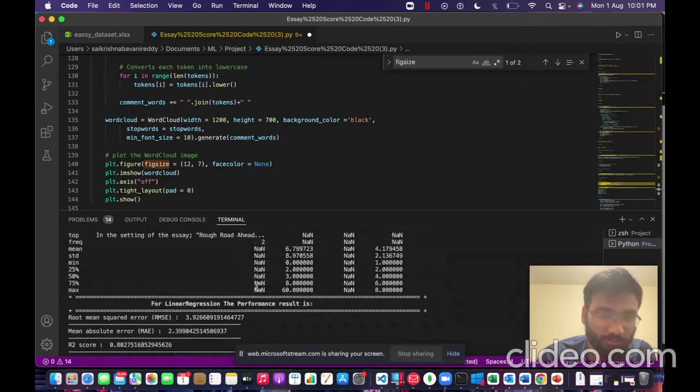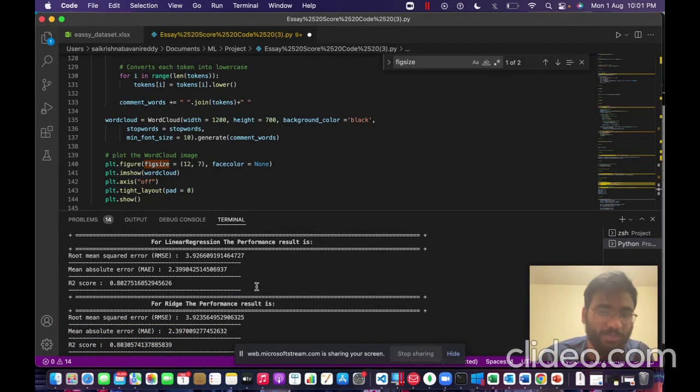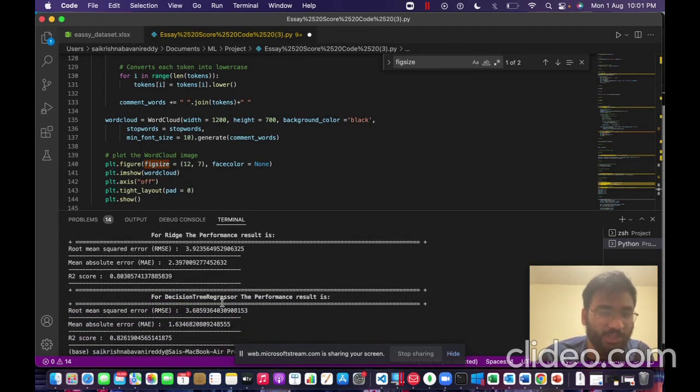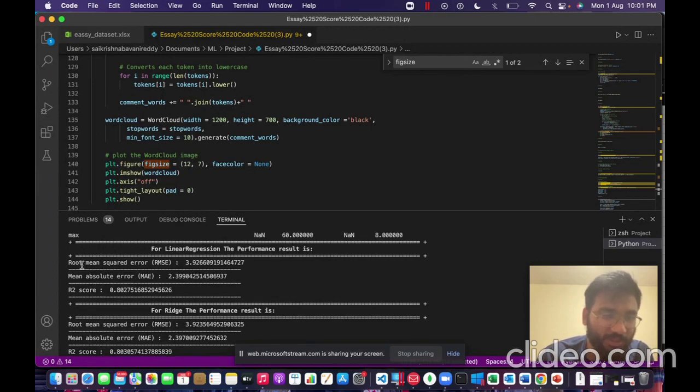After comparing these three models, we can say that the decision tree is working well for grading, because its errors of 3.6 and 1.6 are lower than those for linear regression and ridge, which have 3.9 and 2.3.